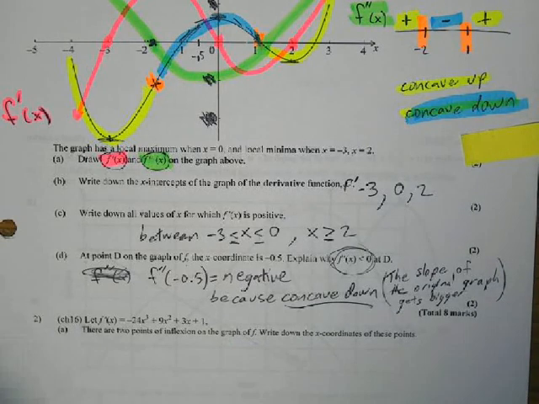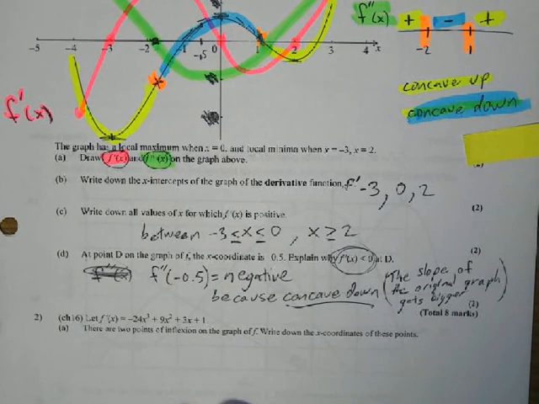Okay, so inflection points happen when the second derivative is equal to 0.